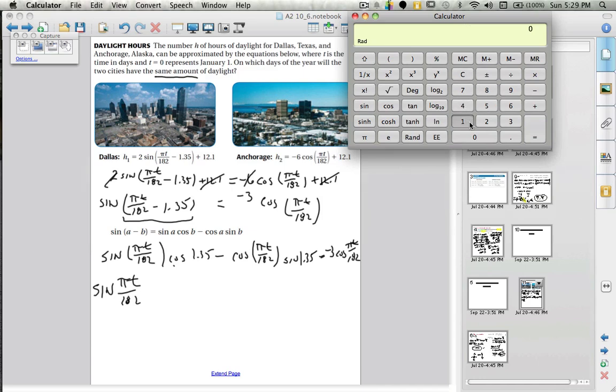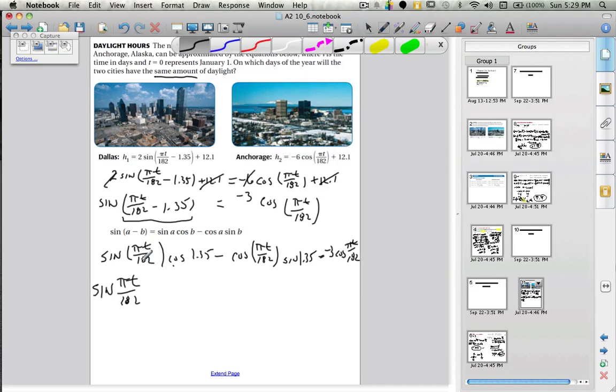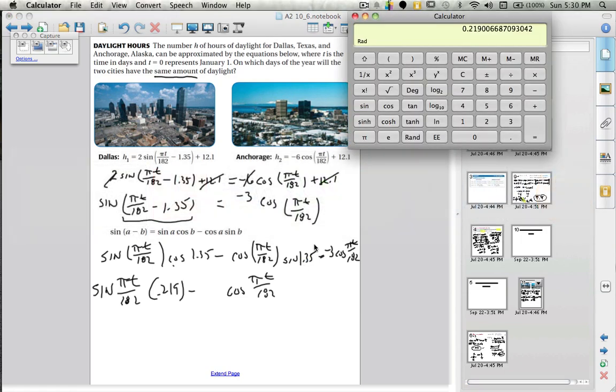So the cosine of 1.35, cosine is 0.219. So let's put that in. 0.219 minus cosine pi t over 182. I'm going to make this a coefficient over here, right? So I want to find the sine of 1.35. That's 0.9757.